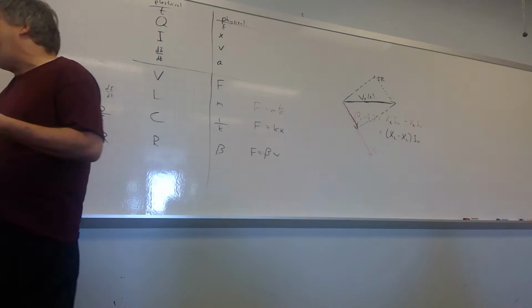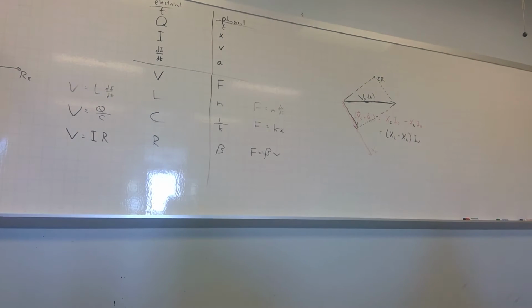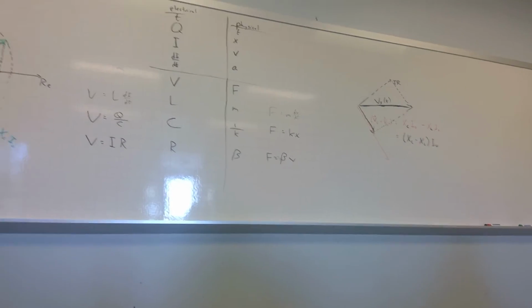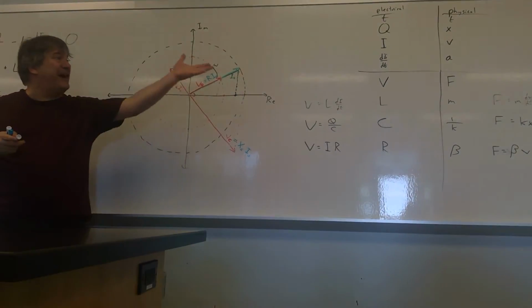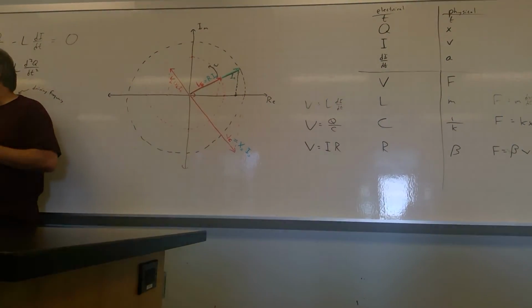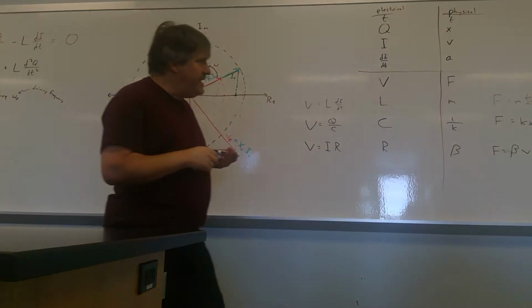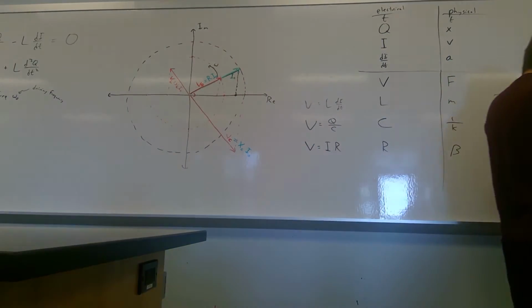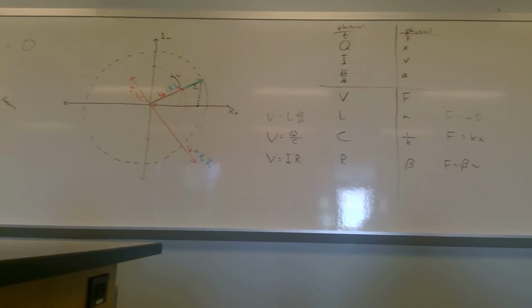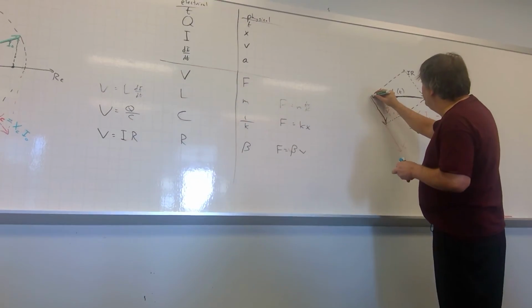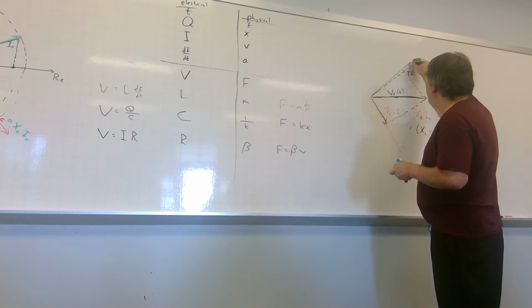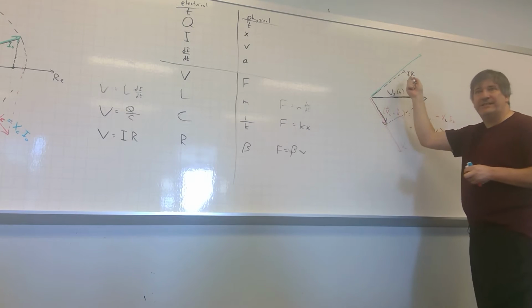But I kind of worked backwards. I said, I'm going to assume that we end up with some current phasor, and then I worked backwards until I figured out what the source phasor had to look like. Now, the current phasor at this moment would be in this direction, in phase with the resistor.